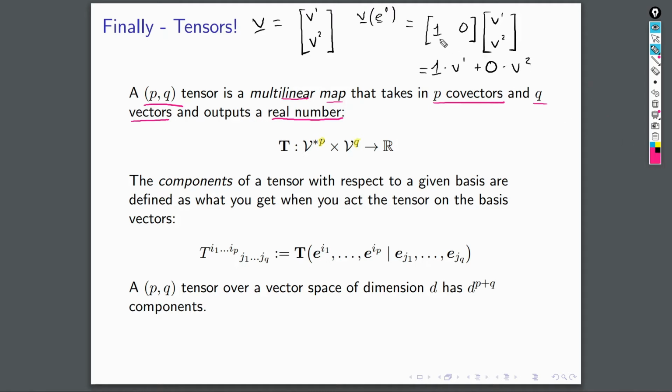And that, of course, is just v1. So v of e1 is v1.